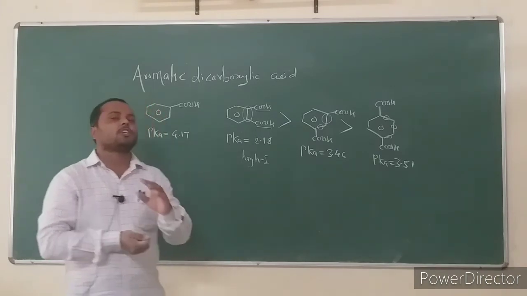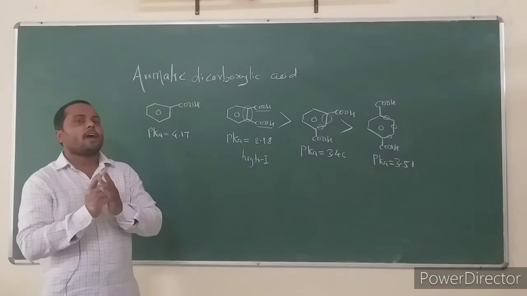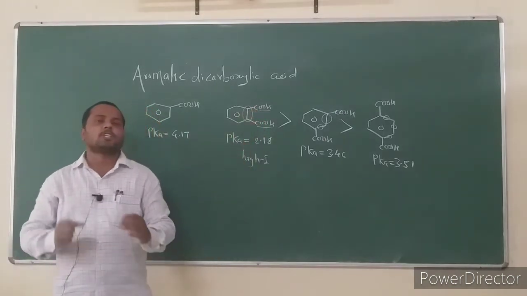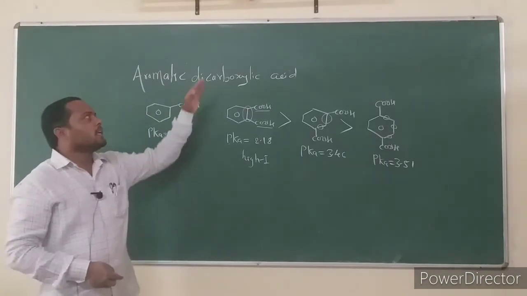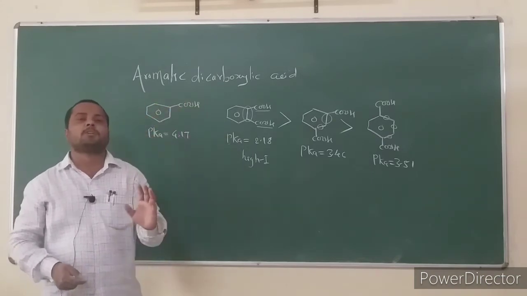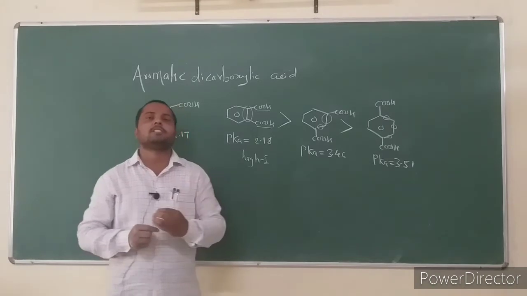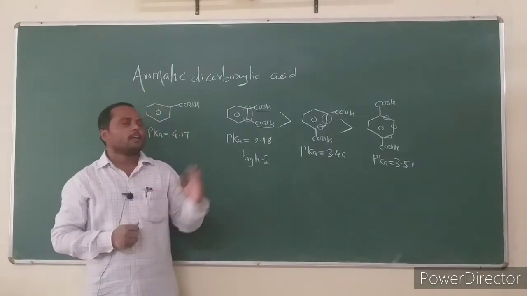This is the effect of minus I effect, the effect of the distance between two carboxylic functional groups on the acidity of dicarboxylic acid. In aliphatic dicarboxylic acid and also in aromatic dicarboxylic acid, acidity goes on decreasing as the distance between two carboxylic functional groups increases.